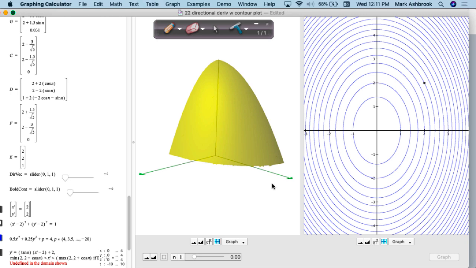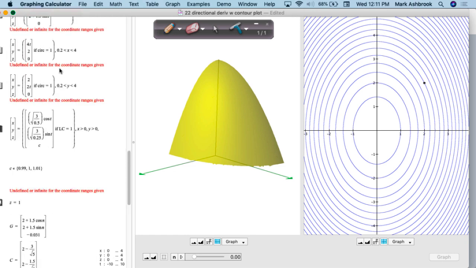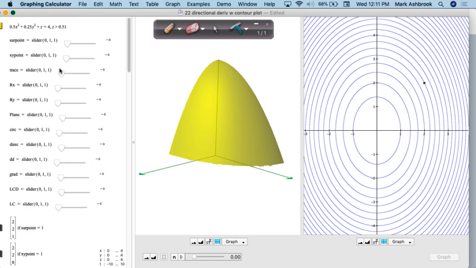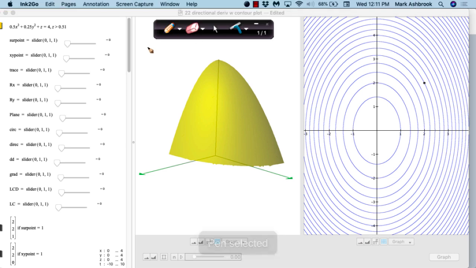And this is an elliptical paraboloid. Let me look at the function here. f of x, y equals negative 1/2 x squared minus 1/4 y squared plus 4.